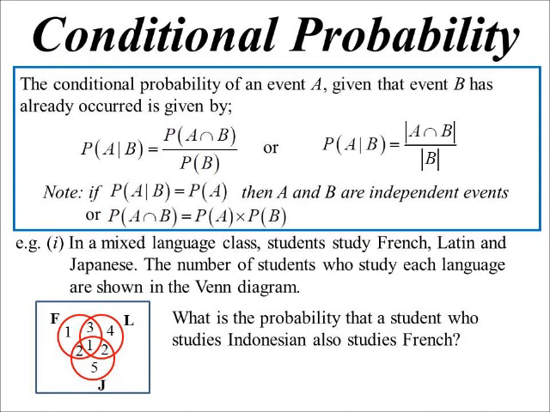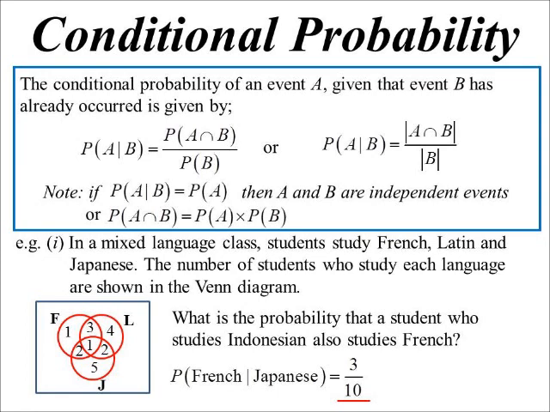So that question should read, what's the probability that a student who studies Japanese also studies French? The information we know is they definitely study Japanese, and we want to know, if that's the case, what's the probability that they study French? We can look at our Venn diagram and see that it's 3 out of 10, because I'm not including the ones that are not in the Japanese.